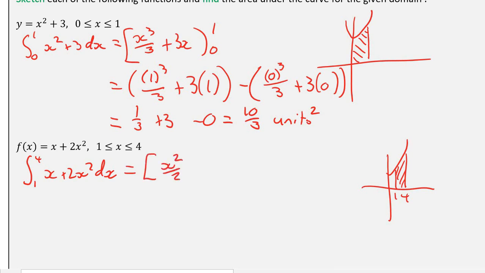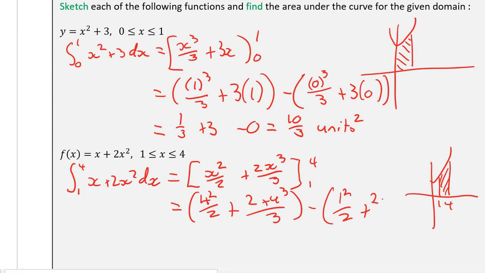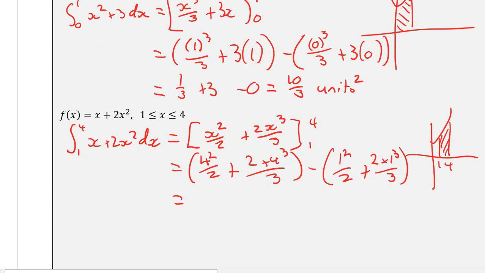The integral from 1 to 4 of x plus 2x squared dx equals x squared on 2 plus 2x cubed on 3, from 1 to 4. We get 4 squared on 2 plus 2 times 4 cubed on 3, minus 1 squared on 2 plus 2 times 1 cubed on 3. 4 squared on 2 is 8, plus 2 times 4 cubed, which is 64.